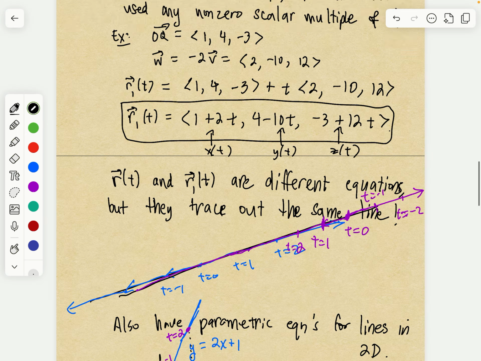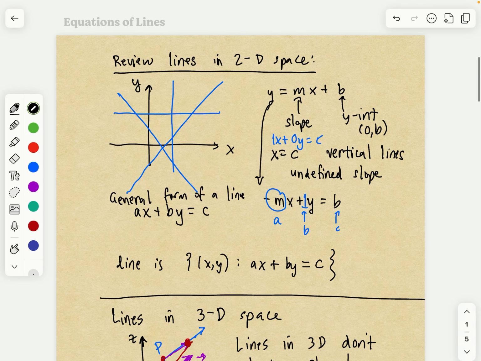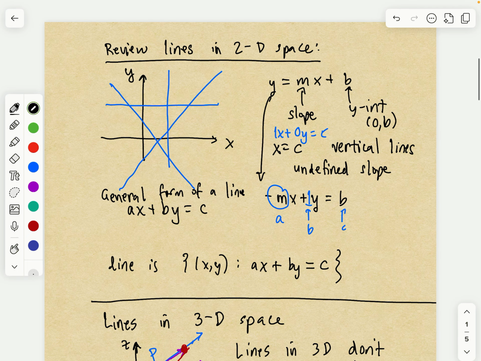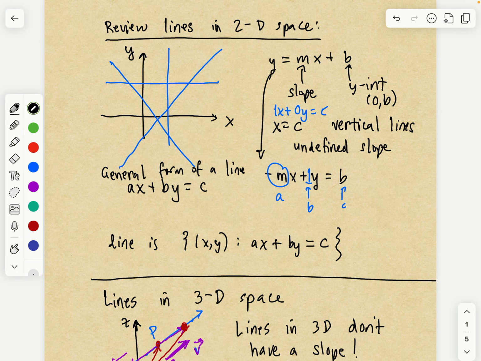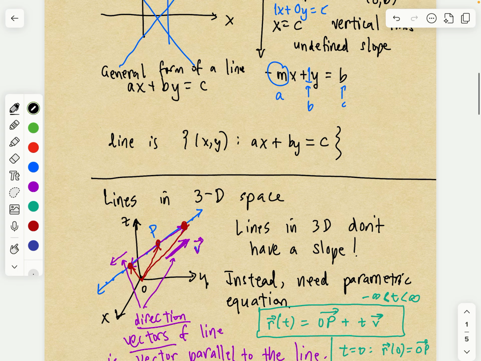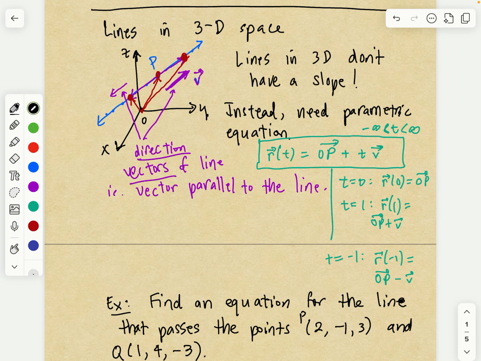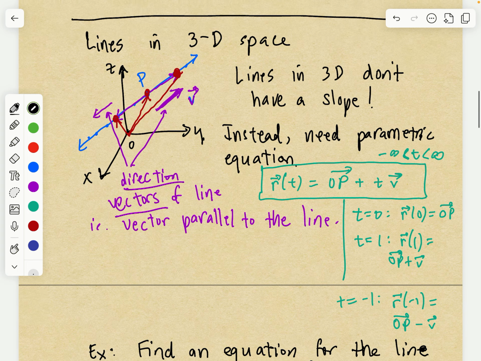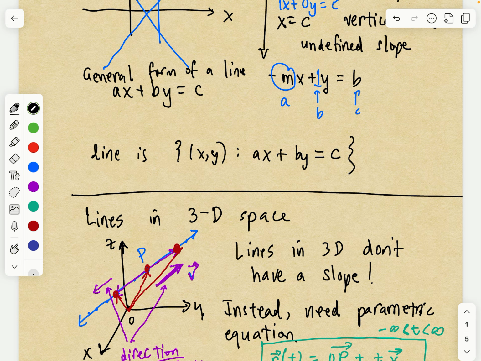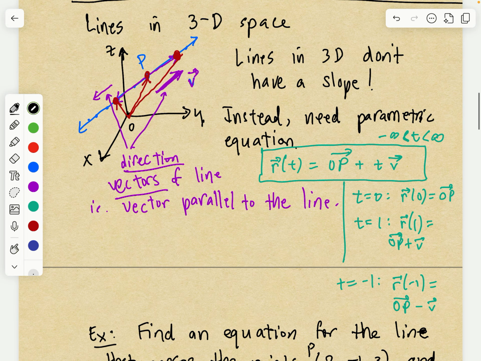Okay, so let's just review what we did. So we reviewed lines in 2-dimensional space. The general form is ax plus by equals c, but we explained that lines in 3 dimensions don't have a slope. So nothing like ax plus by equals c is going to work in 3 dimensions.